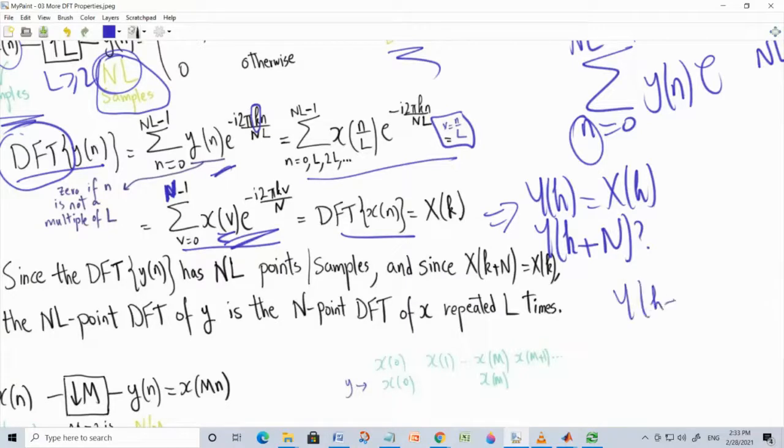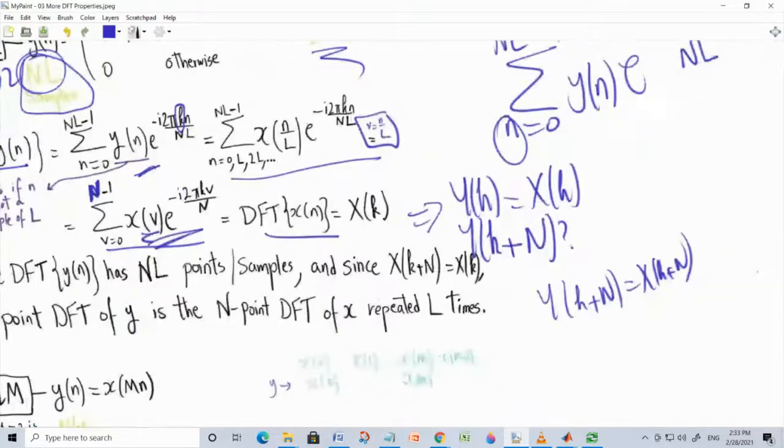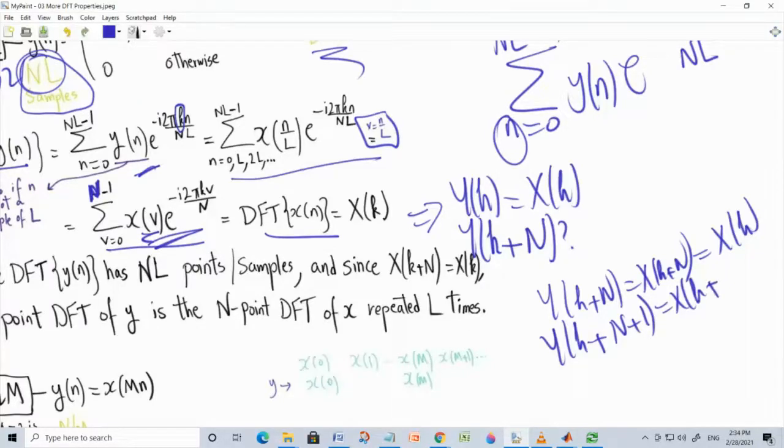Y[k plus N] is equal to X[k plus N], and remember, big X is an N-point DFT because signal x has N samples, so this is equal to X[k]. What is Y[k plus N plus 1]? Well, it is equal to X[k plus 1], and so on.